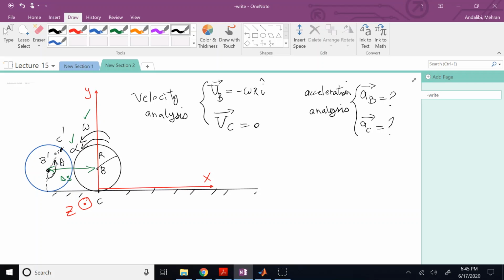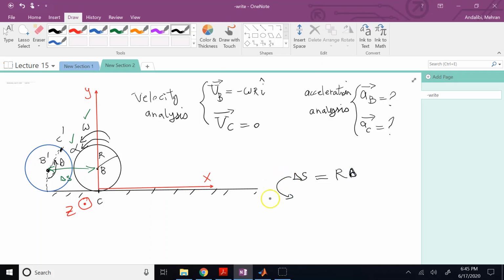If you remember last time, we have seen that delta S, the distance traveled by the centroid, is equal to r times theta. It came from the definition of angle theta in radians.